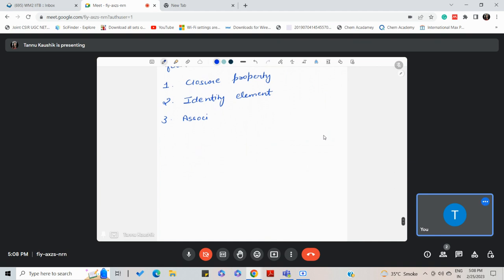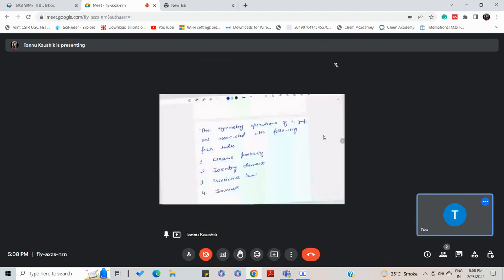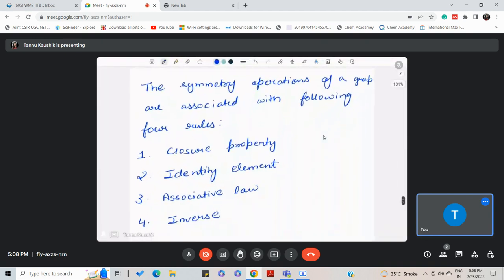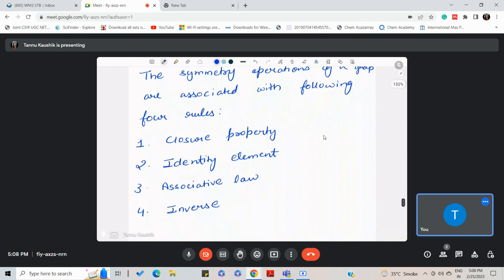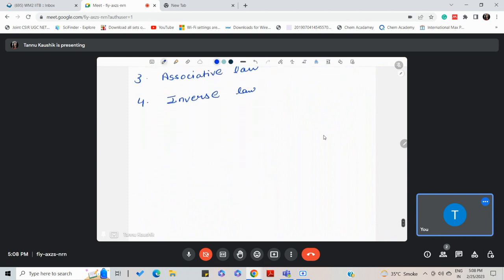So I hope you will get a better idea with these examples. Associative law, inverse law.